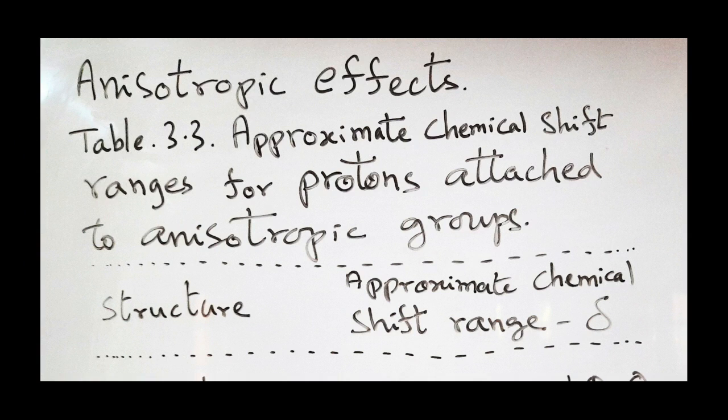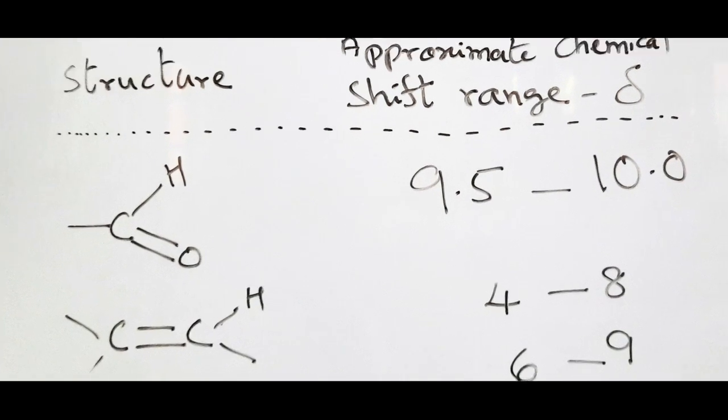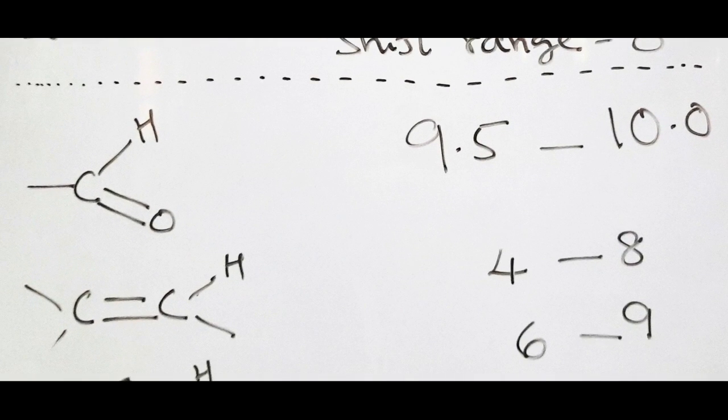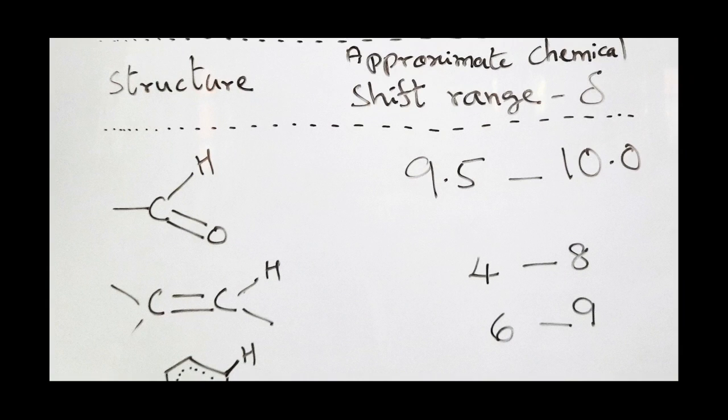So table 3.3, approximate chemical shift ranges for protons attached to the anisotropic groups. Let us see the structure of the anisotropic groups and the approximate chemical shift range in delta values. These are the various anisotropic groups. A carbonyl group, the carbonyl group in an aldehyde, offers an anisotropic effect.